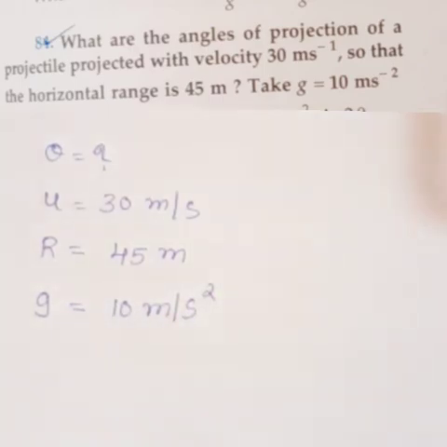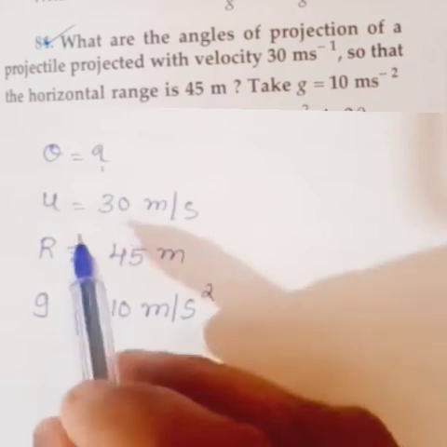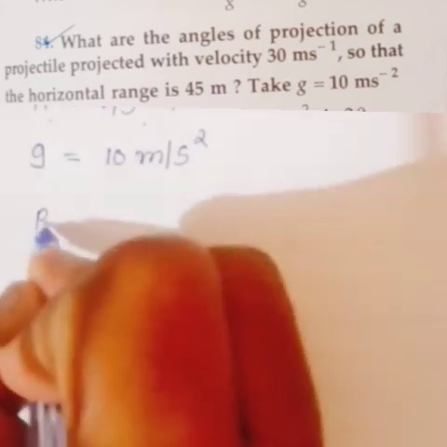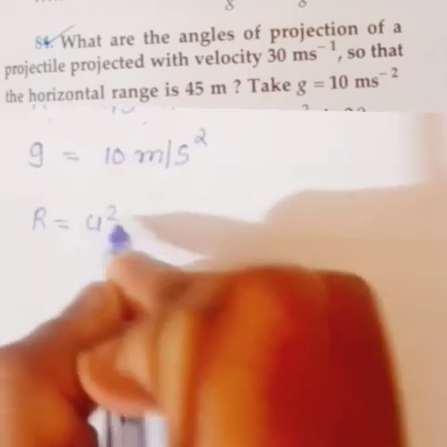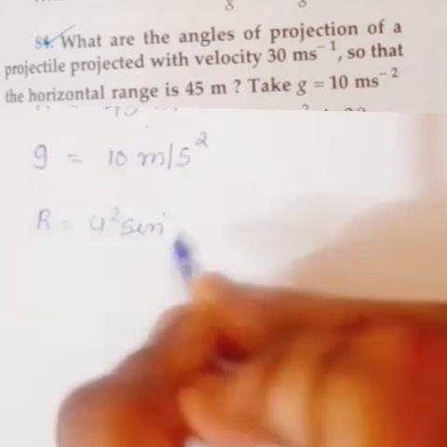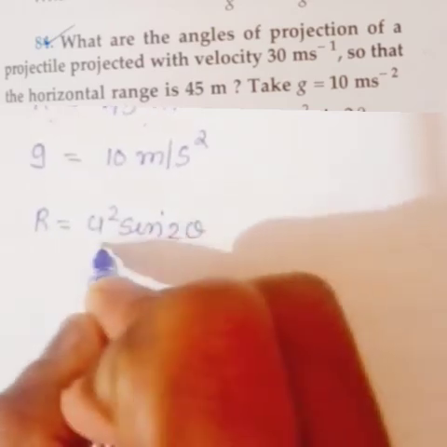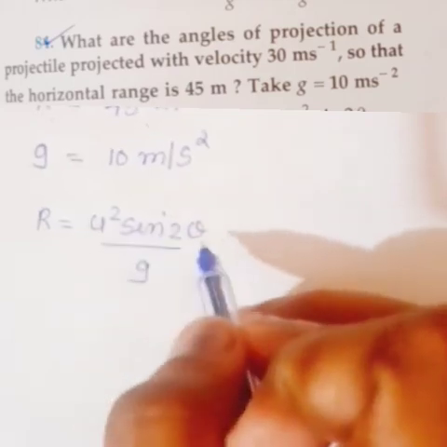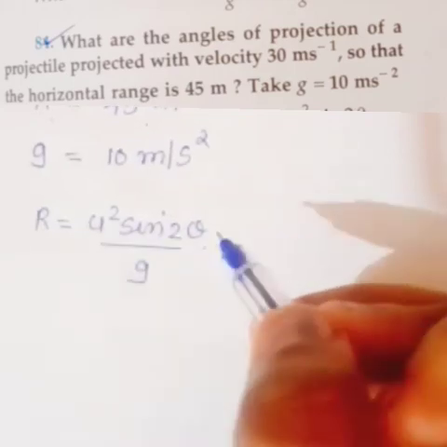Okay, so from which equation do you have to find theta? Here R is given, so R is equal to u square sin 2 theta divided by g. Then substitute the values to find theta.